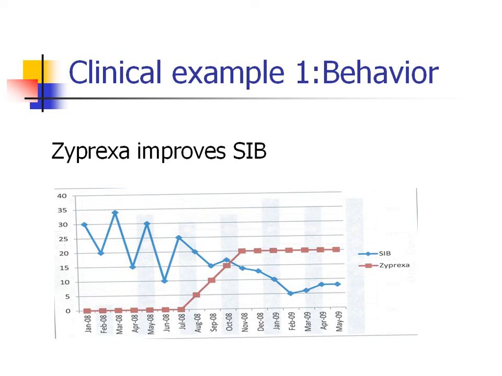This is a person who is demonstrating self-injurious behavior, and the graph starts in January of 2008. If you'll see the very first entry there, the SIB, self-injurious behavior, in blue, the frequency per month is 30. The next month, in February of 2008, it goes down to 20.